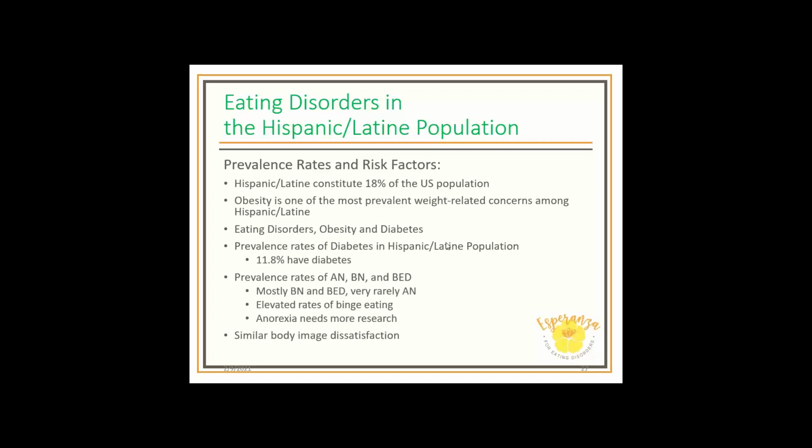And genetically, some of the populations that make up the Hispanic population are of shorter stature, and so can end up in a larger body and have anorexia behaviors. So let's not make assumptions that everyone in a larger body has binge eating, because that is often not the case. Now, there are rates of binge eating, which I believe are also related to, well, we're going to talk about acculturation, stress, and food insecurity.